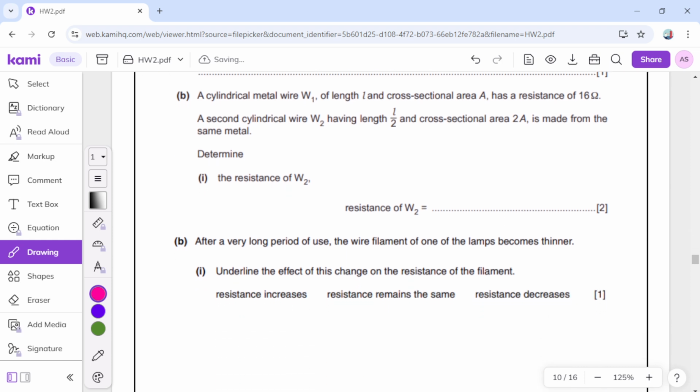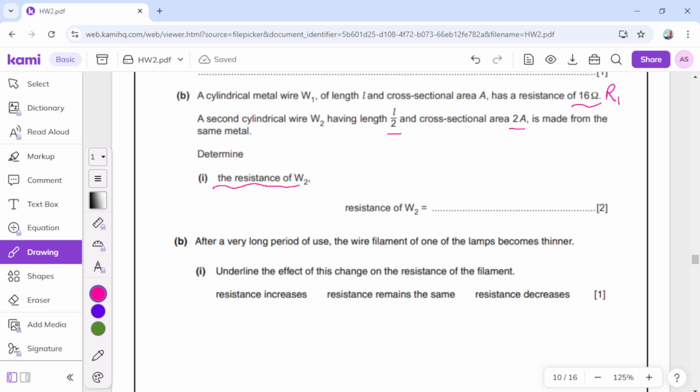Okay, next. A cylindrical metal wire W1 of length L and cross-section area A has a resistance of 16. So now we have R1 16. A second cylindrical wire W2 having length half and cross-section area 2A is made from the same material.